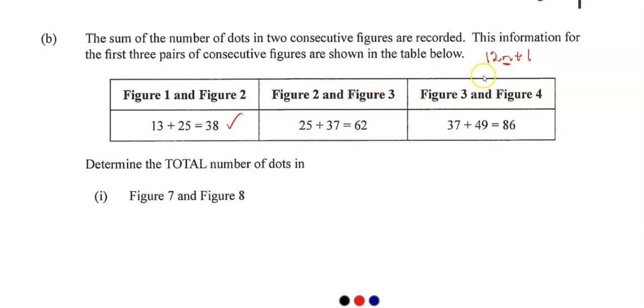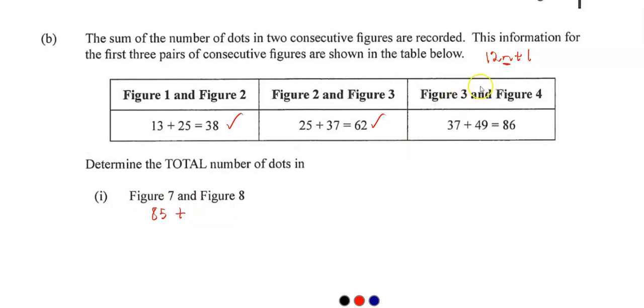Figure 3 would be 12 times 3, that's 36, add 1, that's 37, you add that, that's 62. So we can work off figure 7 and 8, because like I said, the n here represents the position of the figure. So figure 7 would be 12 times 7, that's 84, add 1, that's 85.